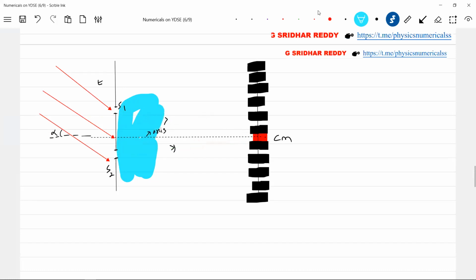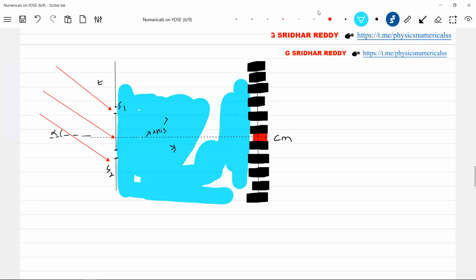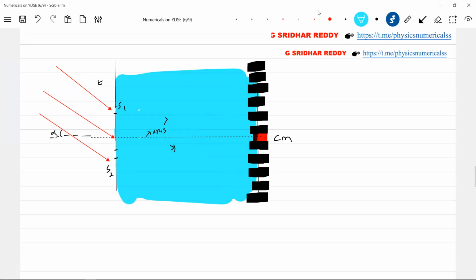Now the space between the slits and the screen, I'll fill up with a liquid of refractive index mu L or mu naught. I think we used an earlier symbol, so let me write mu L.